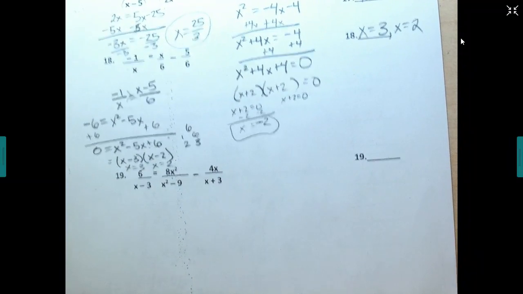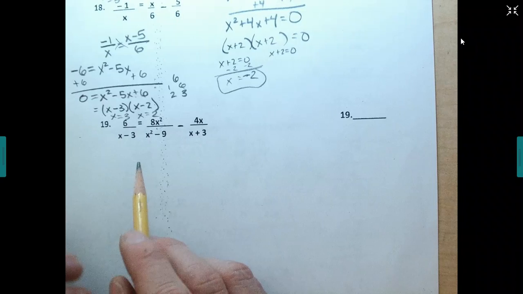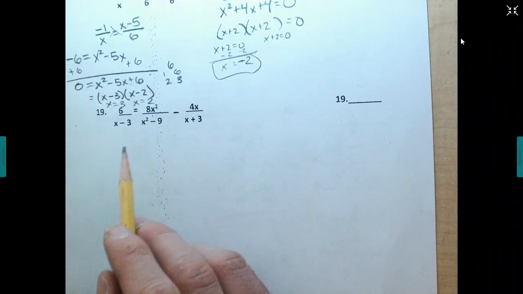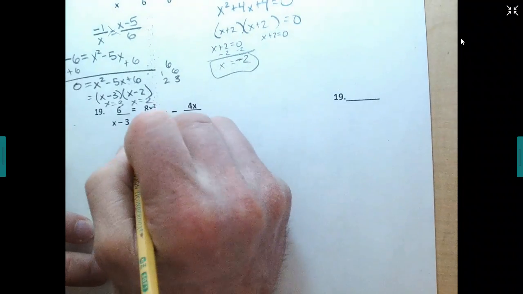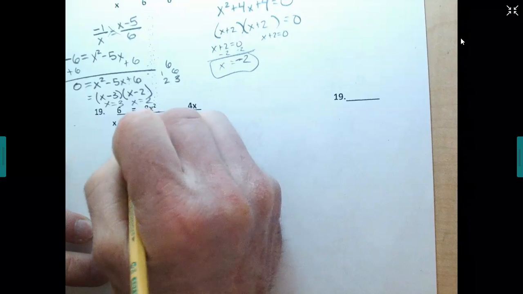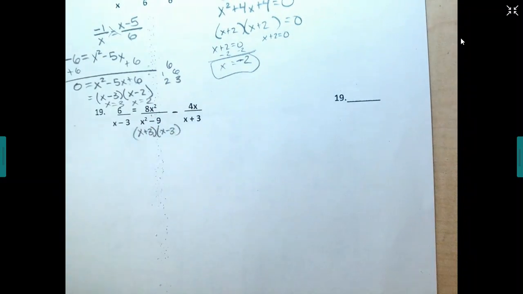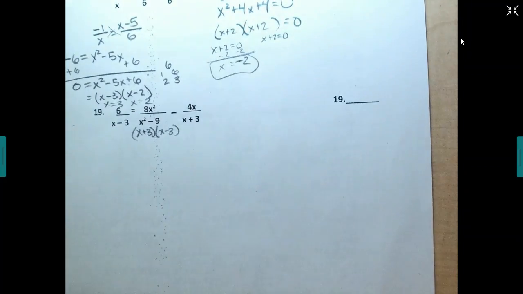All right. Number 19, maybe extra credit, may not be. Let's go ahead and solve this one. What we're going to do is, this is a perfect square minus a perfect square. So the first thing we're going to do is make all of the denominators the same.